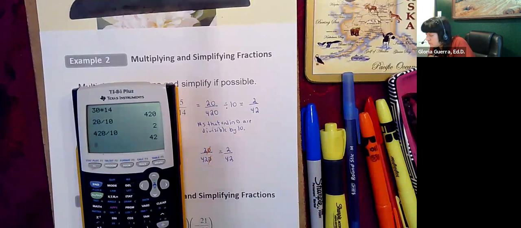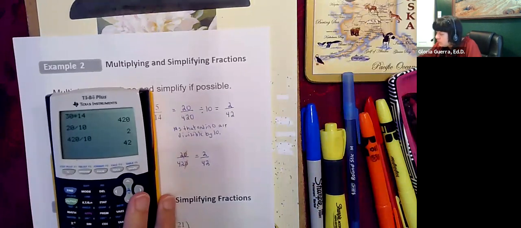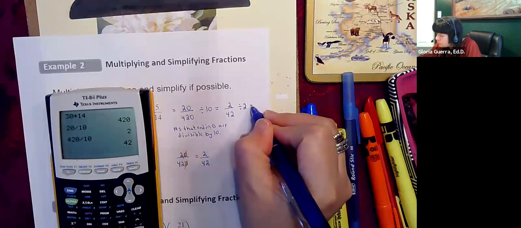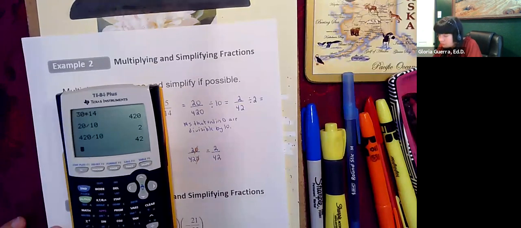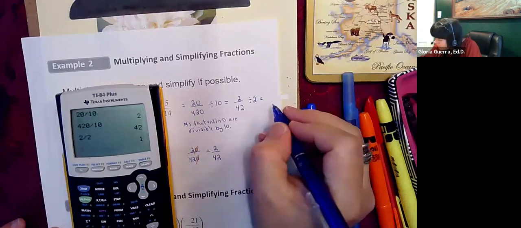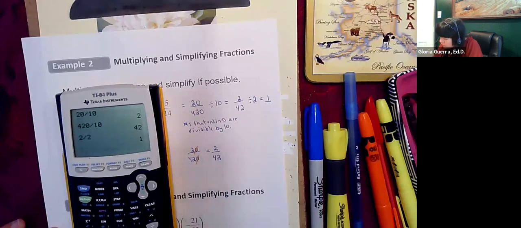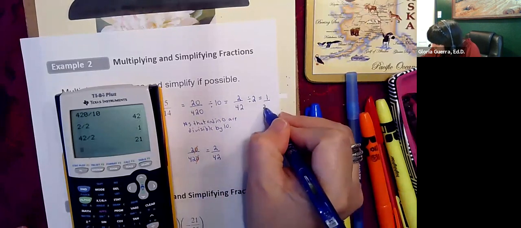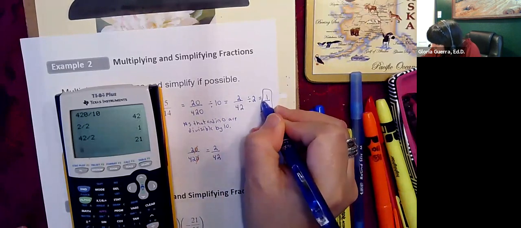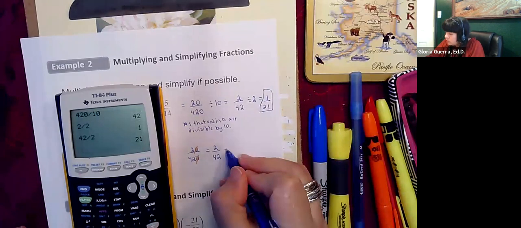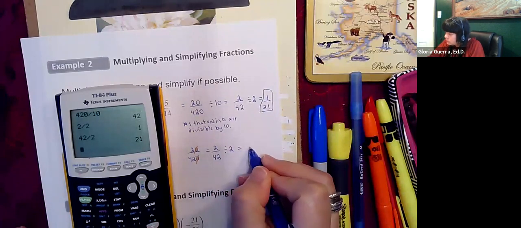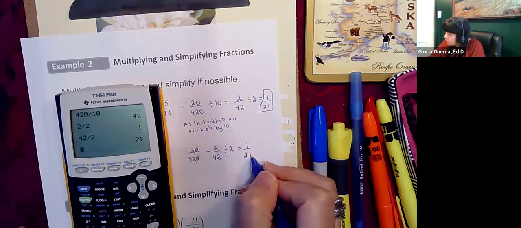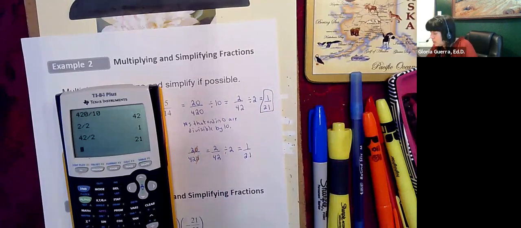These are still even numbers, so you can still reduce by 2. 2 divided by 2 is 1, and 2 goes into 42 21 times.